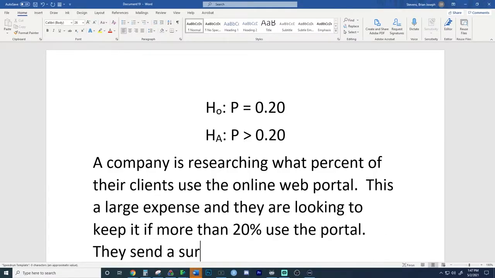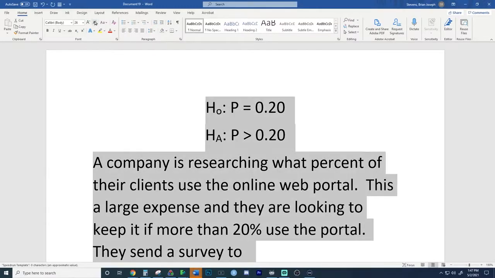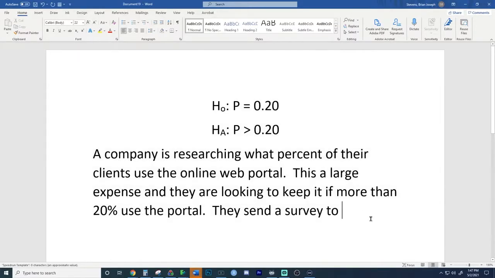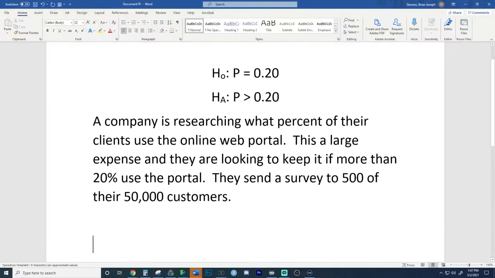They send a survey to 500 of their 50,000 customers. That's 1%. That's less than 10%, so we pass the condition for that. Then we'll put right here this question.